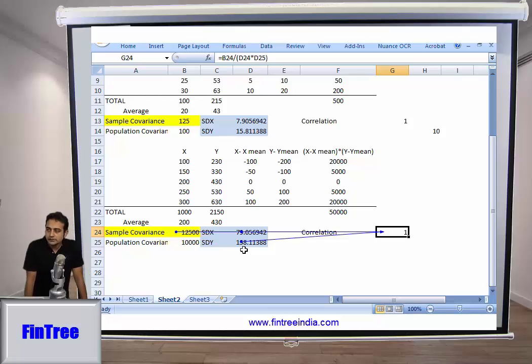Or the alternate formula, population covariance divided by population SD of 1 into population SD of 2.